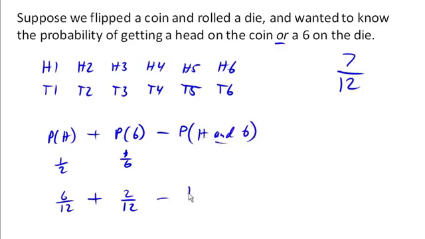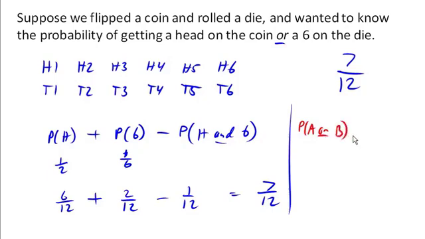If we combine that, 6 plus 2 is 8, minus 1 is 7/12, and we get the same answer that we had there. So our basic rule here is that the probability of A or B is the probability of A plus the probability of B minus the probability of both. Again, we have to subtract that out so that we're not double counting it.